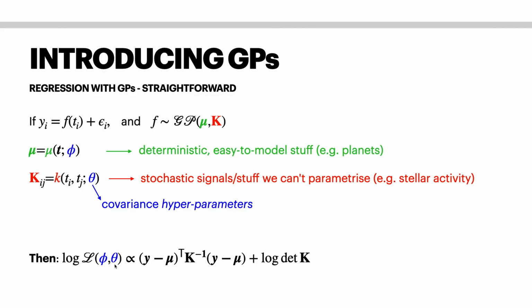In fact, you may recognize this as being identical to the log likelihood you'd use whenever you're doing regression with uncorrelated Gaussian noise. The only difference is that K is no longer a diagonal matrix. So it's really remarkable that the log likelihood turns out to be a familiar finite dimensional thing you can compute with some linear algebra, even though GPs are formally infinite dimensional distributions.